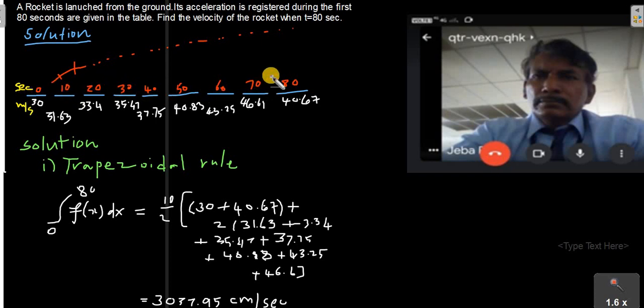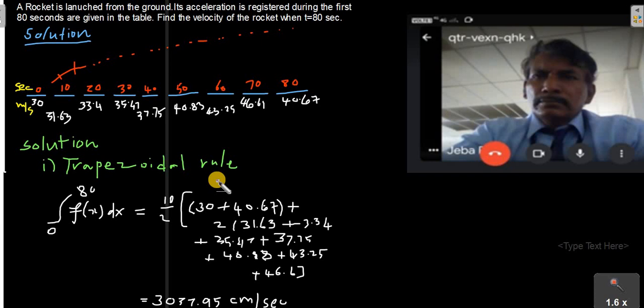These are the x values, these are the y values. X values are seconds, y values are velocities. Therefore, when x equals 80 seconds, y is equal to 3037.95 centimeters per second. So this is the way we can solve any problem by using what is called the trapezoidal rule. So the trapezoidal rule is what we have to understand.